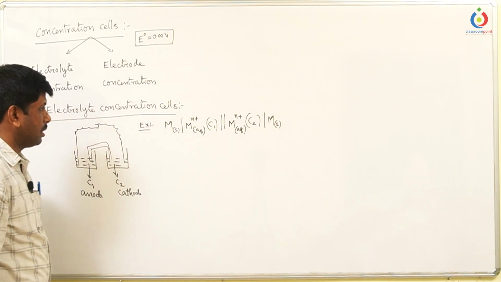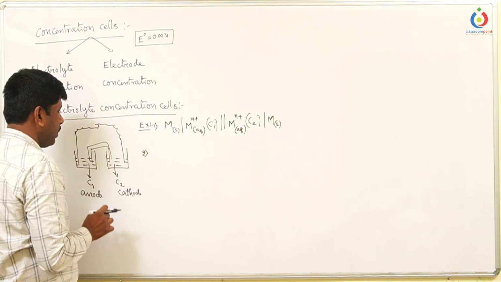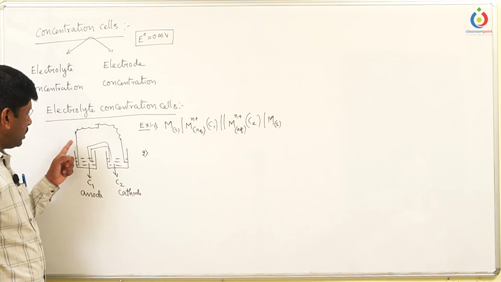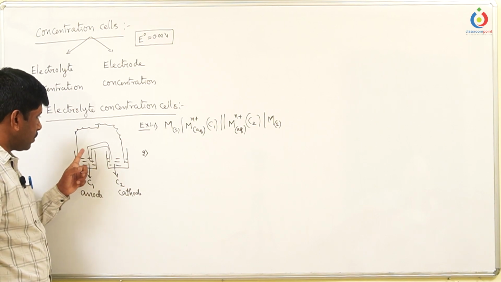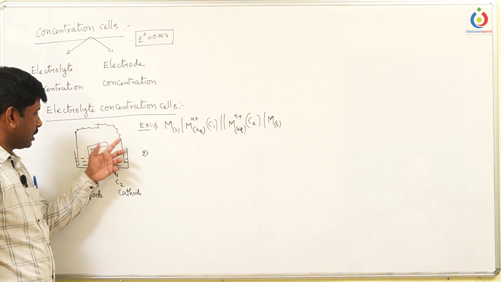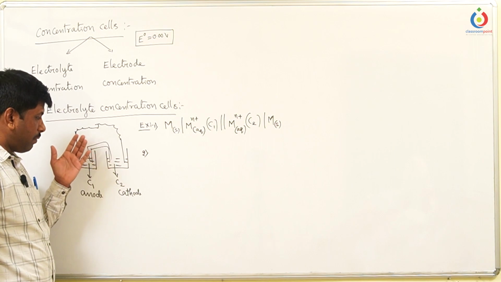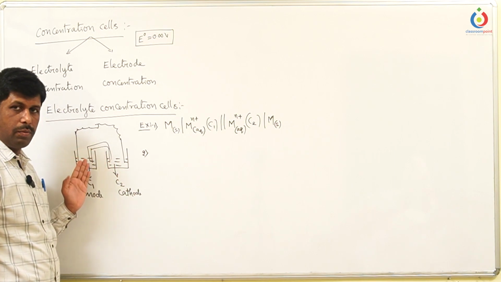So let us take an example. This is a general example. If you take zinc, you dip a zinc rod into zinc sulfate solution. Here also the zinc rod is dipped into zinc sulfate solution. Means in both cases the metal rod is the same and the electrolyte solution is also the same. But where they differ is only the concentration of the electrolyte.